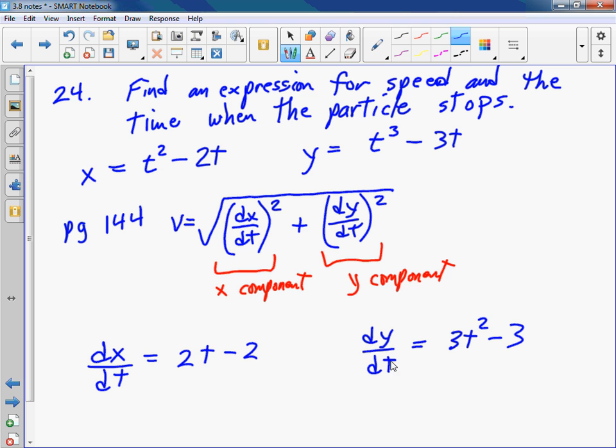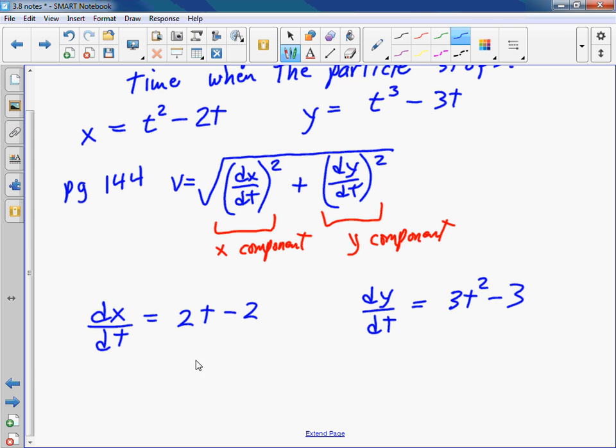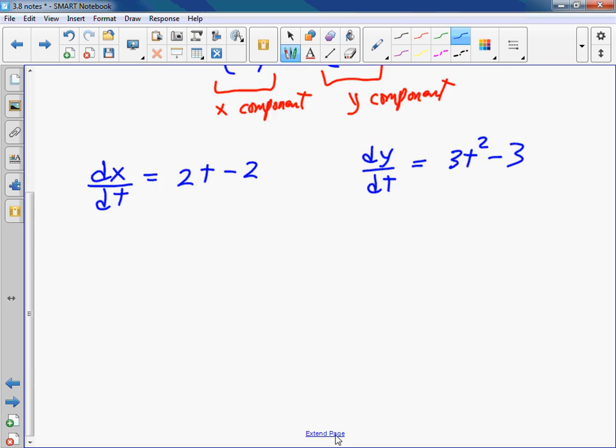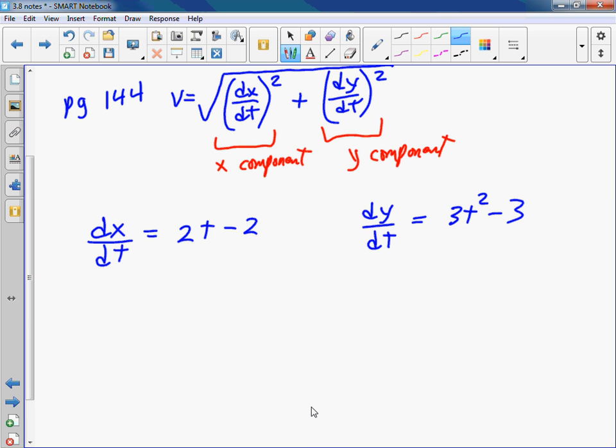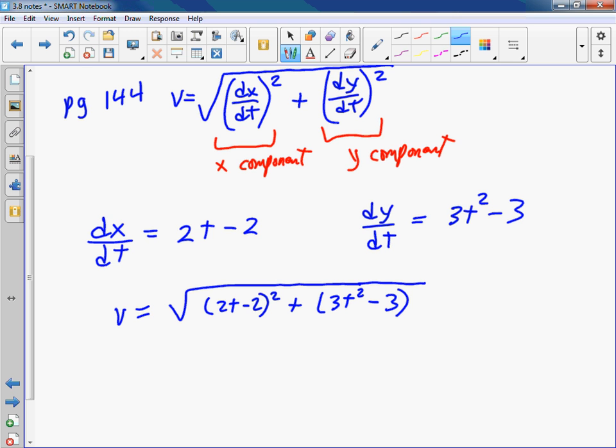Here we're differentiating y with respect to time, so we don't have to use the chain rule; we can keep them separate. Then we just plug into the equation from page 144: the velocity equals the square root of (2t minus 2) squared plus (3t squared minus 3) squared.